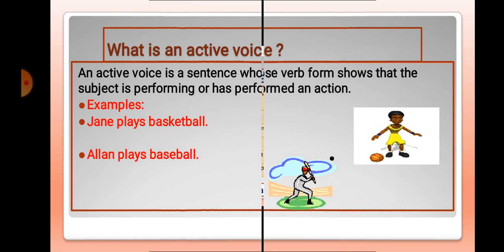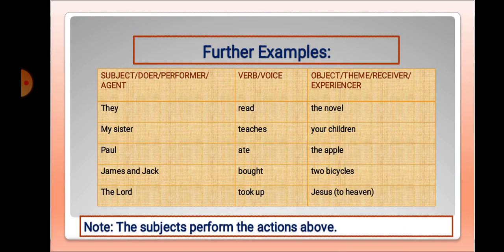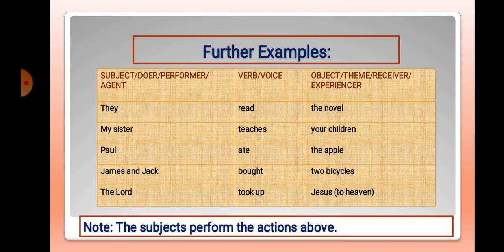Let's check further examples. Here we have a table. The table has three columns. On the first column from our left, we have the subject of the sentences in the table. We have they, my sister, Paul, James and Jack, the Lord. They are all the performers, the subjects, the agents, the doers of the actions of the verb in the middle column.